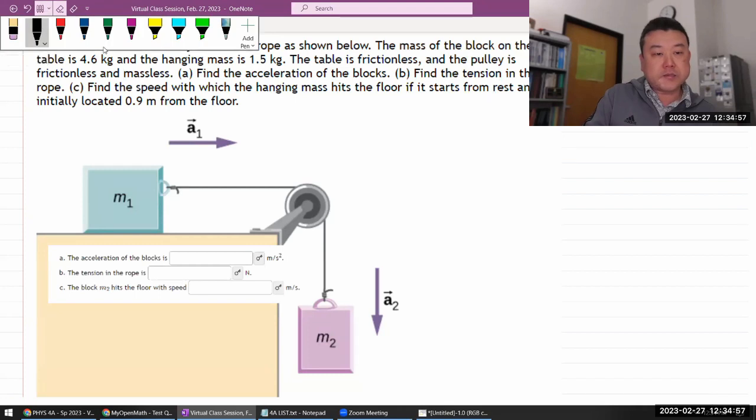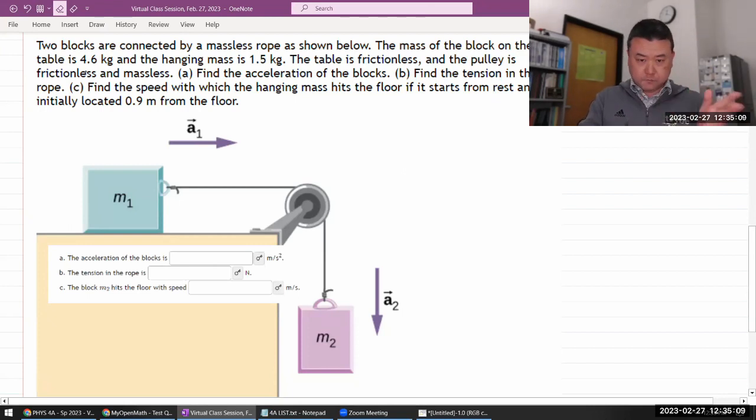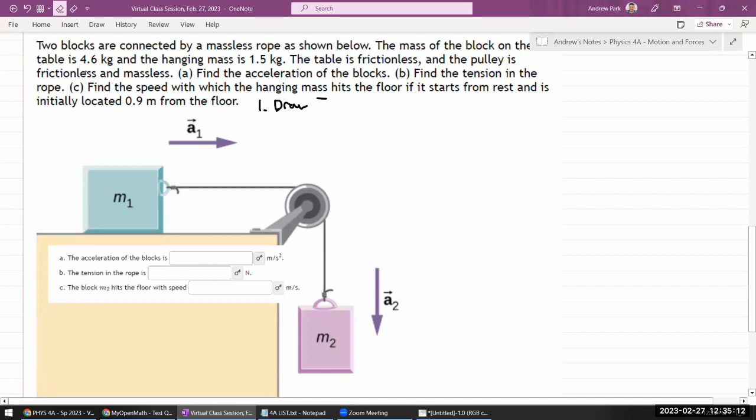The moment I notice it's dealing with forces and that we have to somehow figure out acceleration using forces, that's the moment I would jump into the standard strategy steps, which are: one, draw a free body diagram, and two, define axes. And there's some care that we take. I will mention those as we define axes.